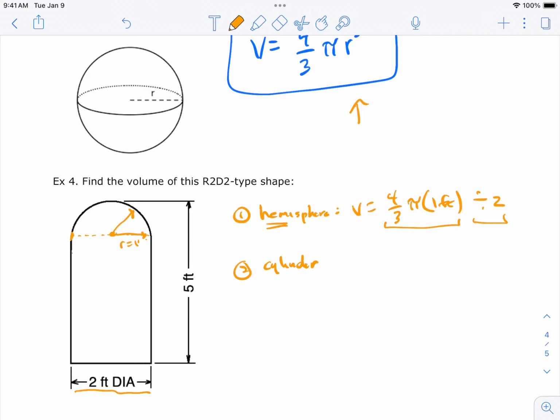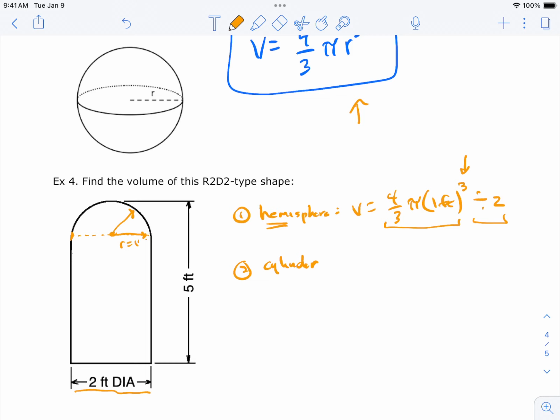And so what have I got here? I've got 4 times pi times 1 squared. Ooh, cubed. Don't forget your exponent, my goodness. It's not even squared, it's cubed. But anyway, 1 cubed, which is still 1. And then divided by 3, and then divided by 2.